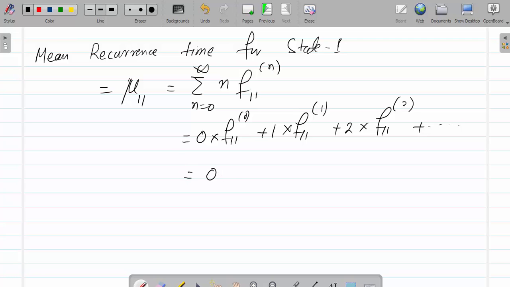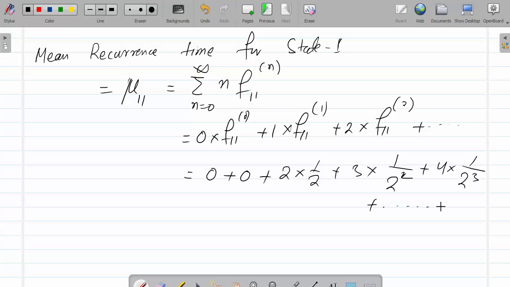So this is 0 plus 0 plus 2 into 1/2, 3 into 1/2 square plus 4 into 1/2 cube plus so on.